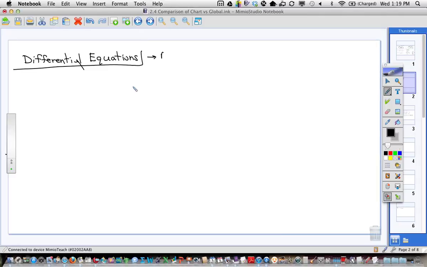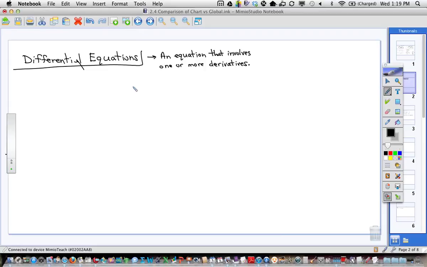A differential equation is an equation that involves one or more derivatives. An equation that involves one or more derivatives. So what does that mean?